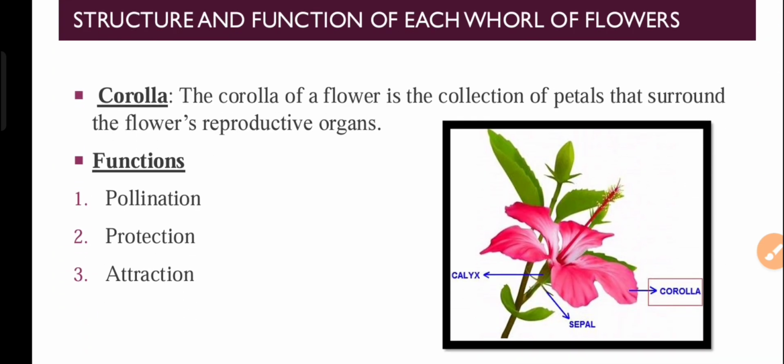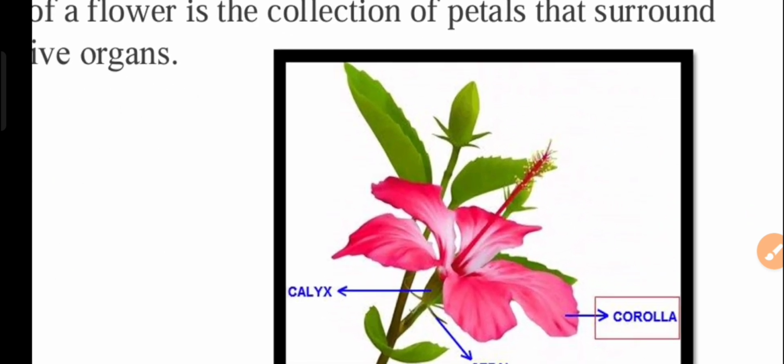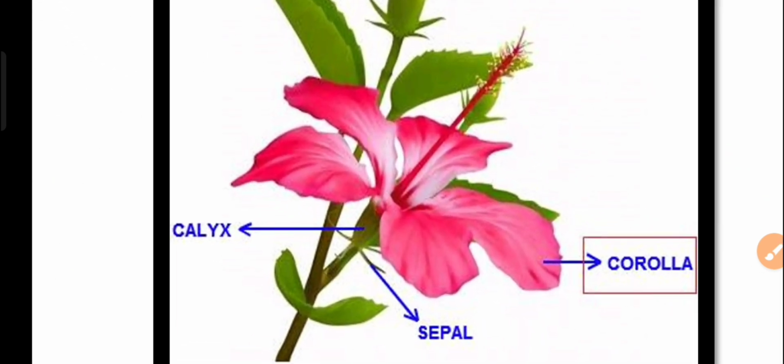And the next, the second whorl of the flower, is the corolla. Understand? Corolla is the second whorl of the flower, and it is collectively formed of colorful petals.